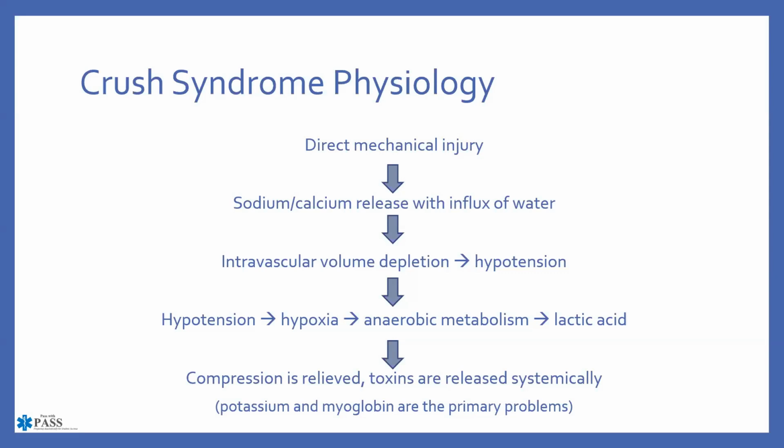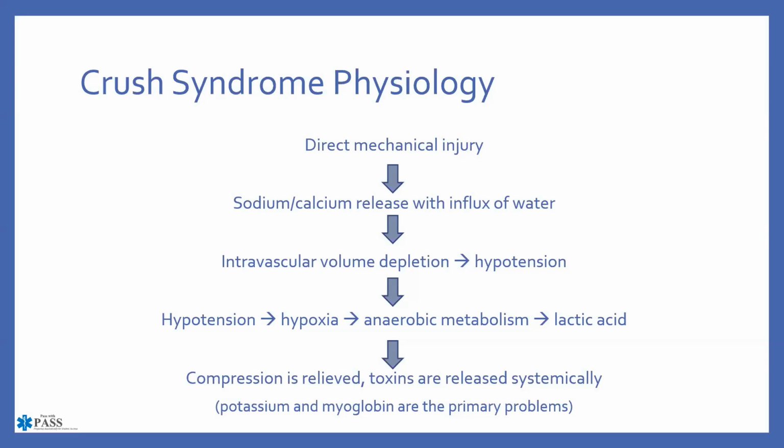So what ends up happening here is they have a direct mechanical injury, and then sodium and calcium is released with an influx of water. So on the inside of the vessels, the intravascular space, they lose volume, and that is what causes them to become hypotensive.